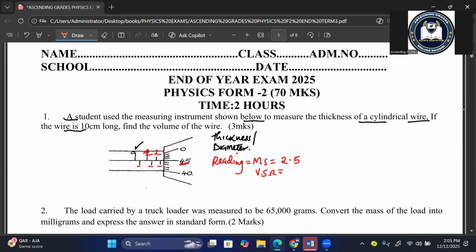So it will be 45 times 0.01. So you get 0.45, so that you get 2.95. And this one is in millimeters.